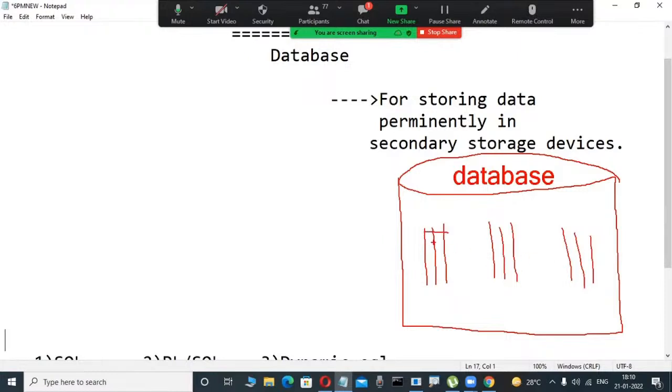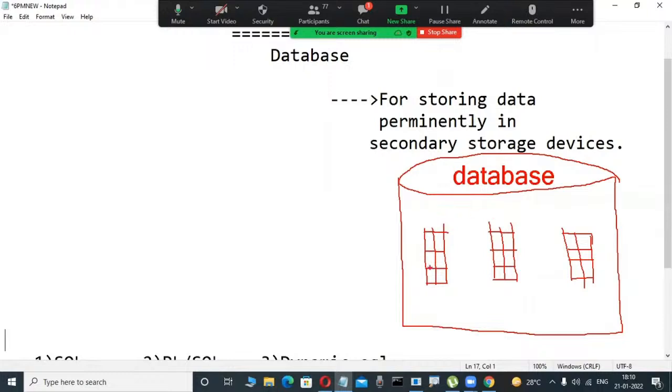Actually, E. F. Codd introduced this relational data model concept, and based on that, these types of databases are implemented in different companies. E. F. Codd is a mathematician working at IBM. That's why he decided to represent the data in the format of a matrix. In mathematics, everyone knows a matrix has rows and columns.